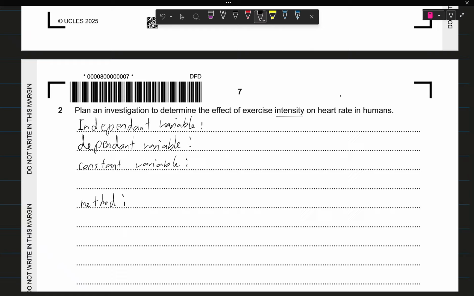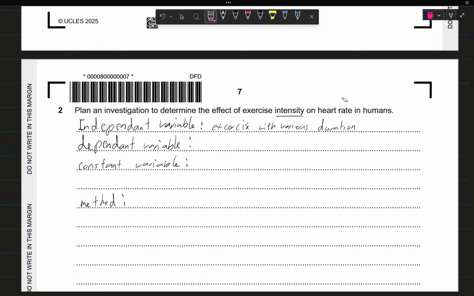So what I will do is go with the latter, and I will essentially say that we'll be using the same exercise, but we vary the duration of the exercise. So the independent variable is exercise, with a C, with various lengths, various durations.